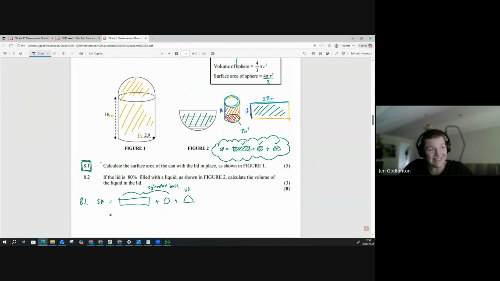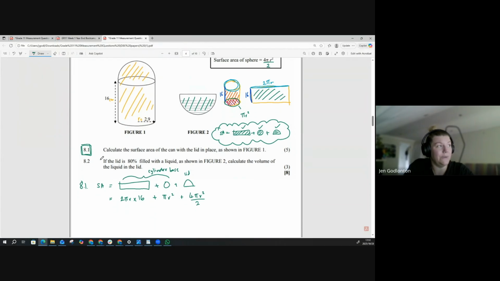My rectangle is like we spoke about up here, 2 pi r times 16. My area of my base is going to be pi r squared. And then my hemisphere is going to be 4 pi r squared divided by 2. Now, all we need to do is put in r, which is our information.